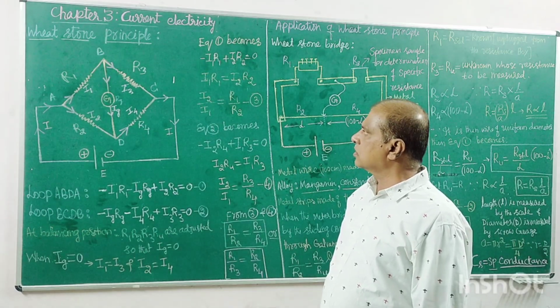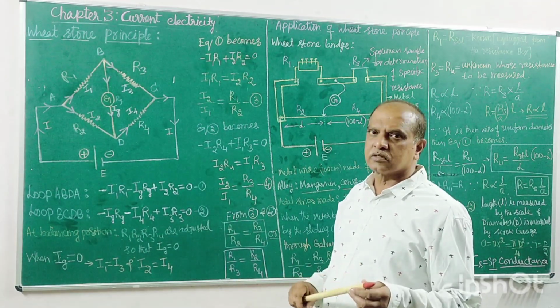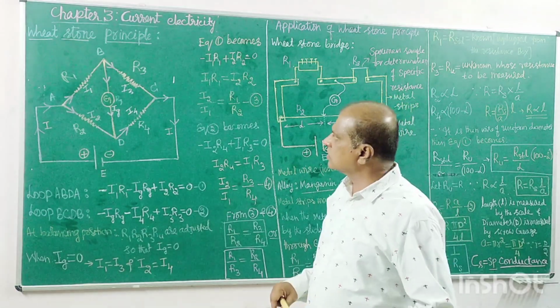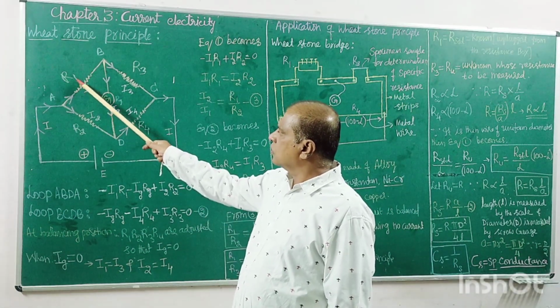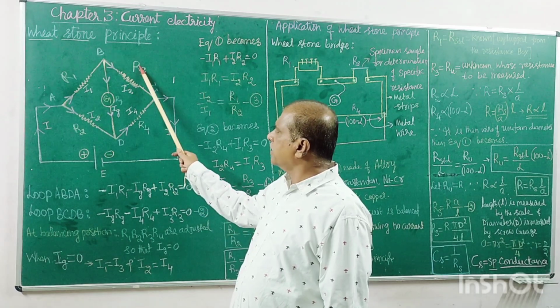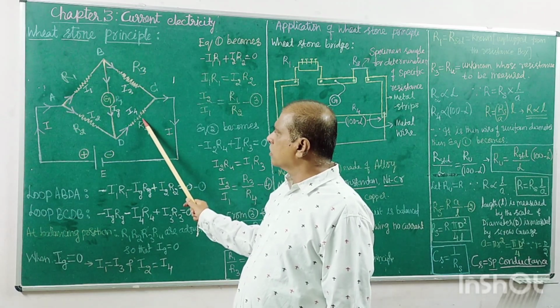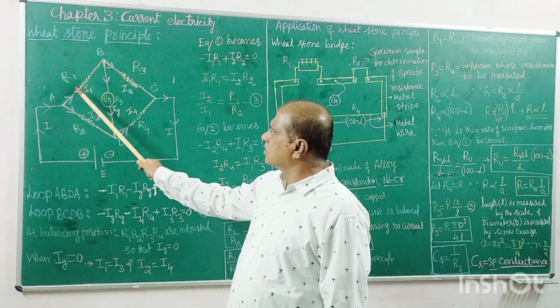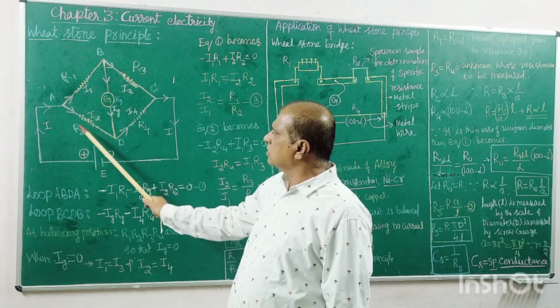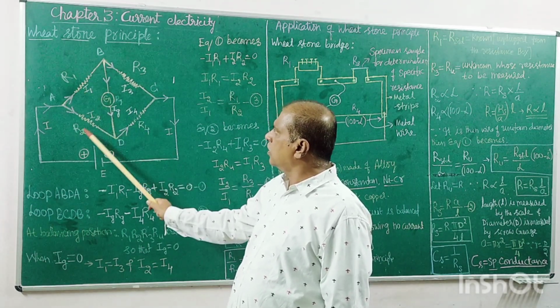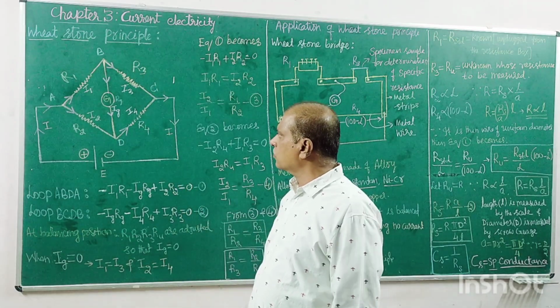The resistances of the resistors are designated here: R1, R2, R3, R4.